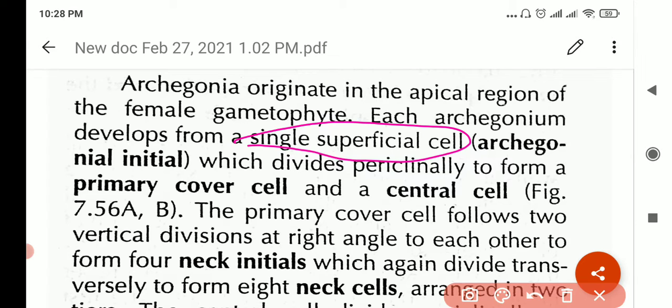Then this cell will divide periclinally to form a primary cover cell and a central cell. There it's written primary cover cell and a central cell. Then that primary cover cell will undergo two vertical divisions at right angles to each other to form four neck initials.